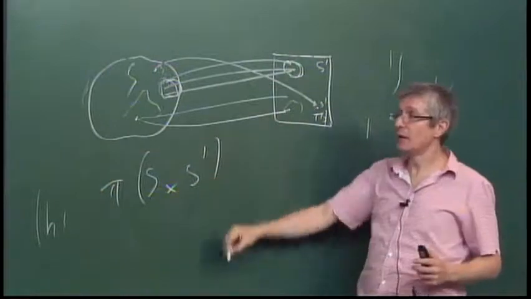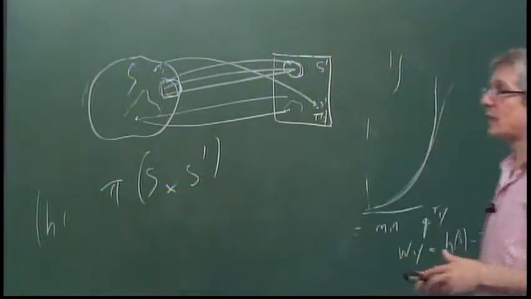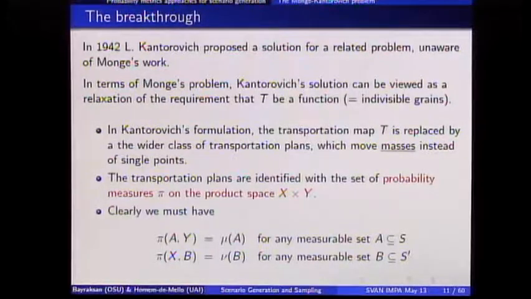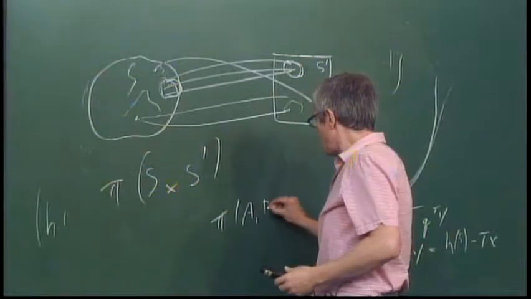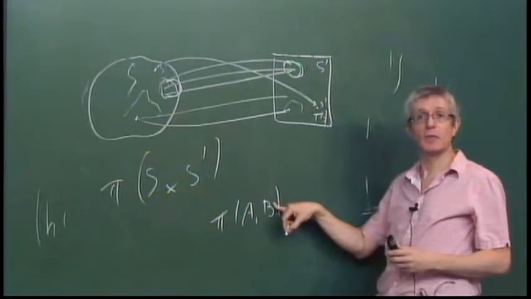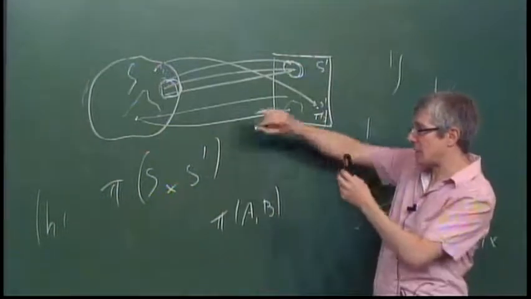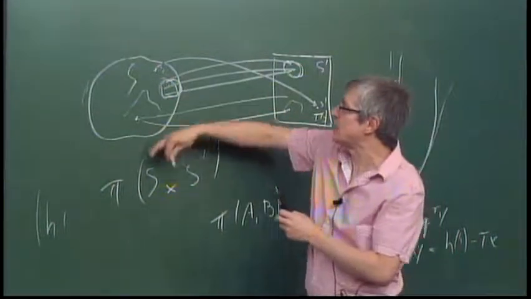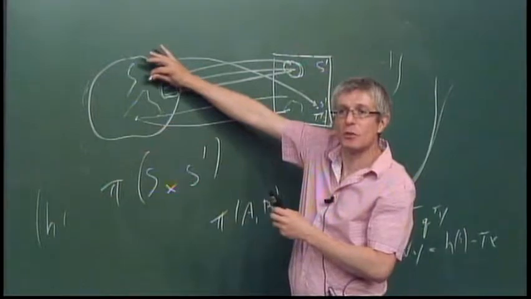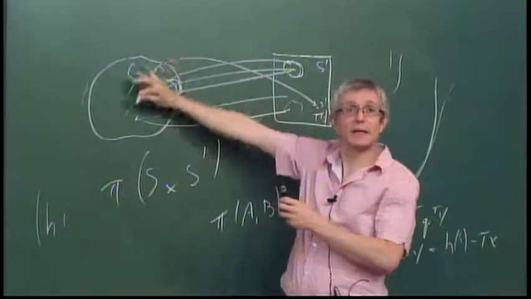So essentially, pi of A, B is how much you move from set A to set B. We can think of this as a continuous, infinitesimal version of Monge's problem, because we are moving entire masses now.